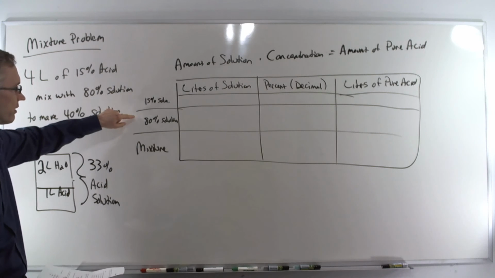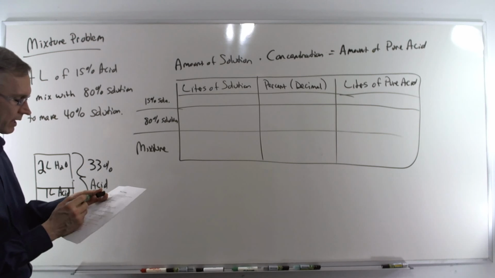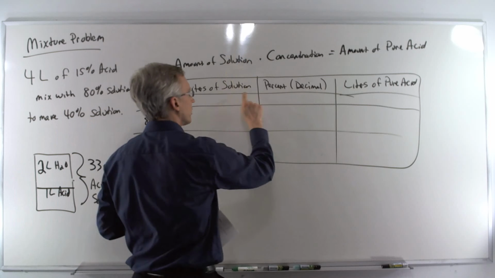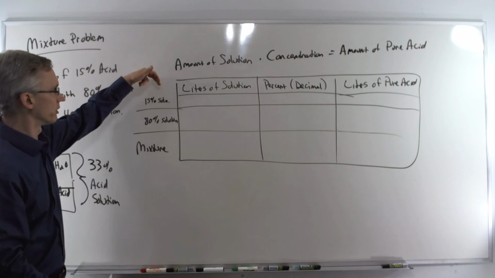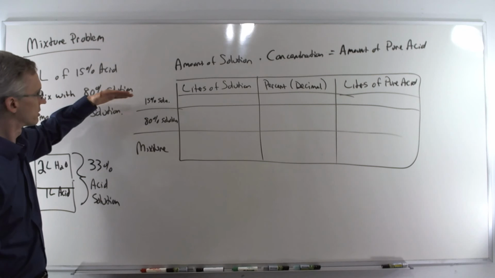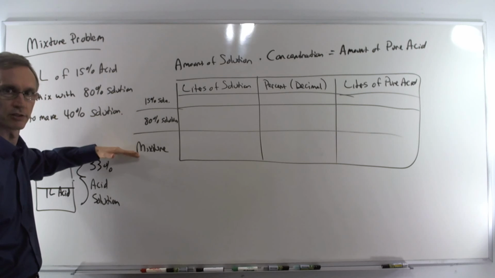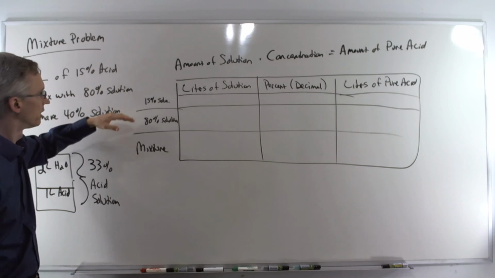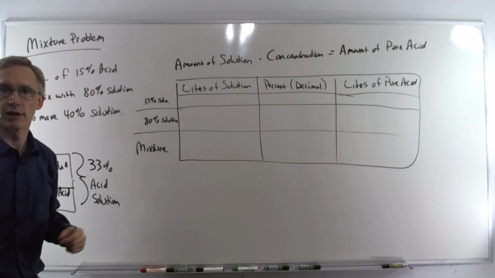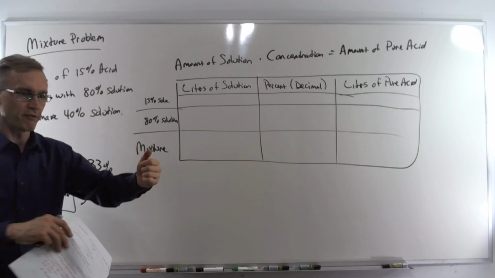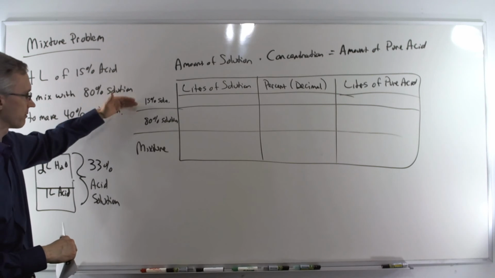All right, so this is what we're given, and this is what we want to make. The way this table works is we're going to multiply across, just like the equation, to equal what's over here. And one more thing we can do: when we go down, we're taking this solution, mixing it with this solution to get this solution. So we can add in this direction. The amount we have here plus the amount we have here is the amount we have in the mixture. Let's visualize two beakers. We're just pouring them together. So take this amount and this amount, add them together to get the total.